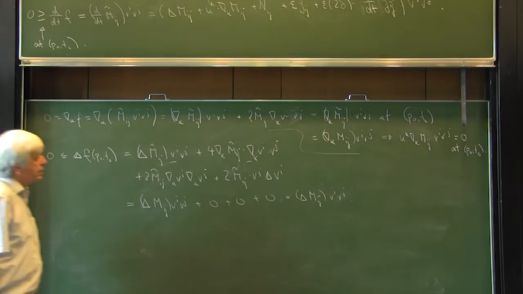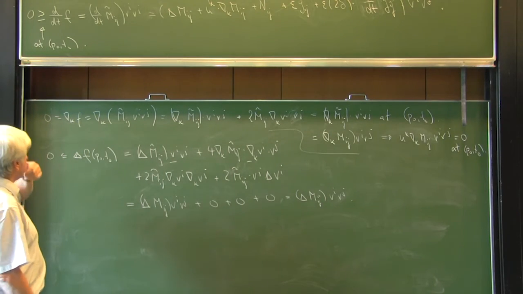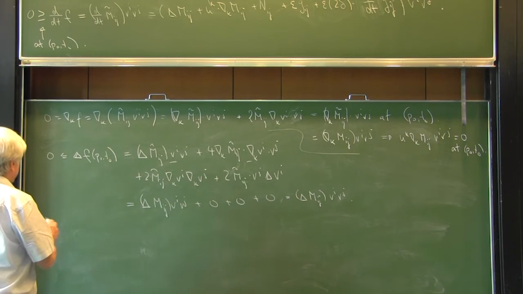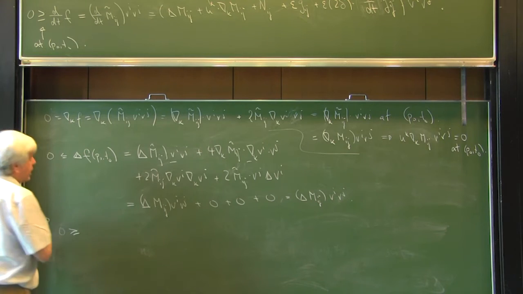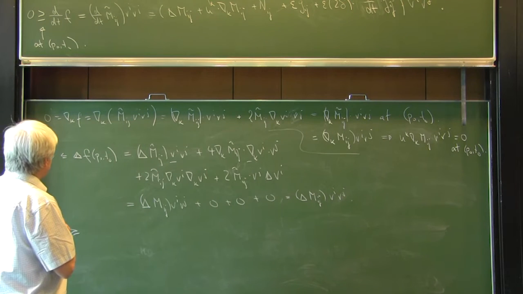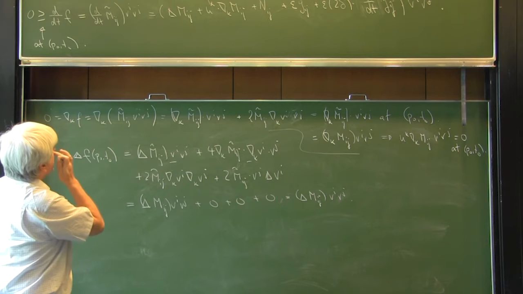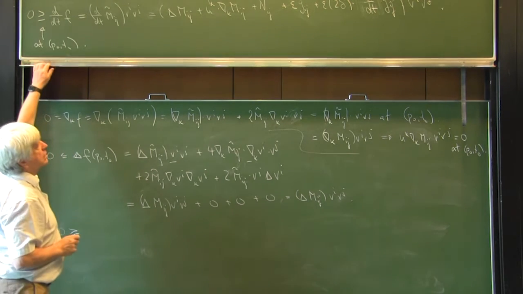Now this is the first term in the evolution equation. So with this we conclude that 0 is greater or equal than the Laplacian mij here.